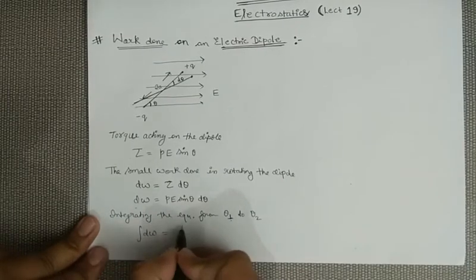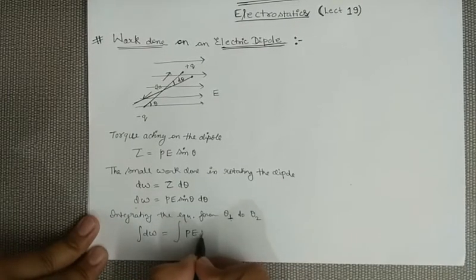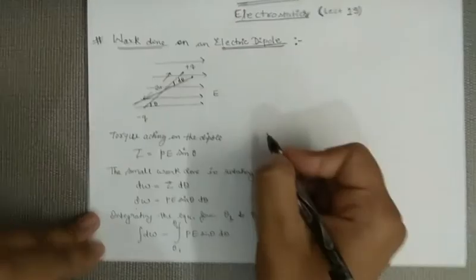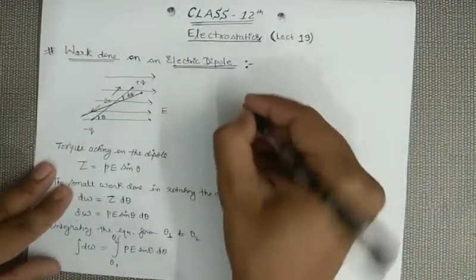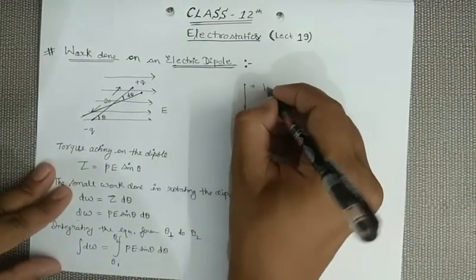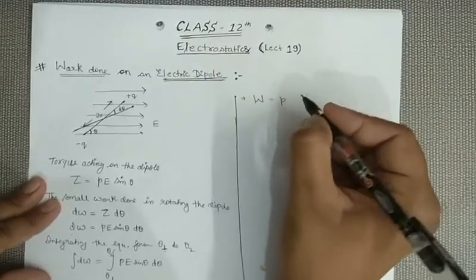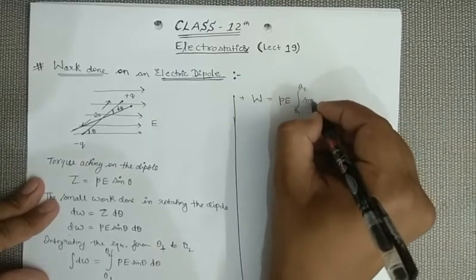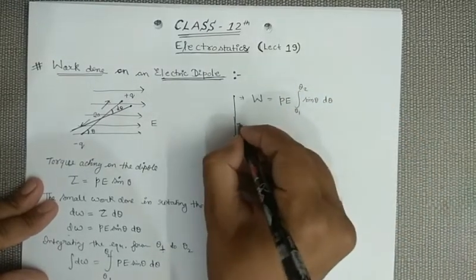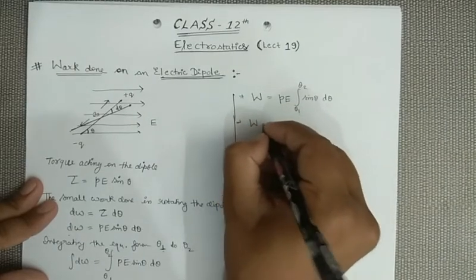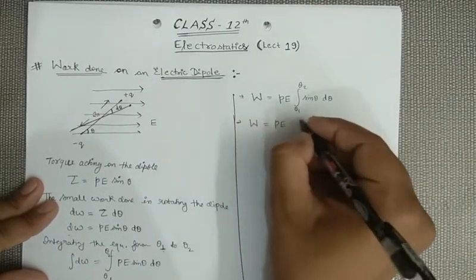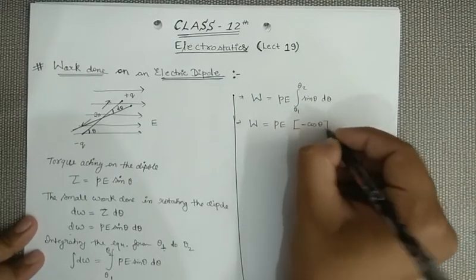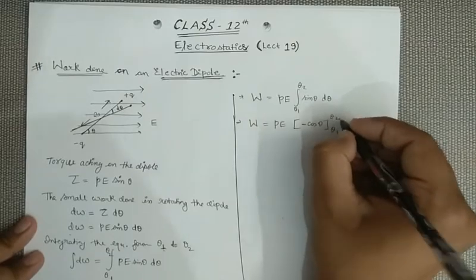So integration of dW equals integration of pE sine theta d theta, limit from theta 1 to theta 2. p and E will move outside, so it will remain only integration of sine theta d theta. So W is pE times integration of sine theta, and the integration of sine theta is minus cos theta, limit theta 1 to theta 2.